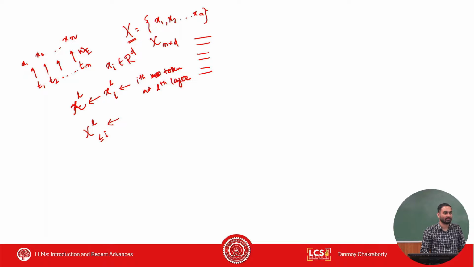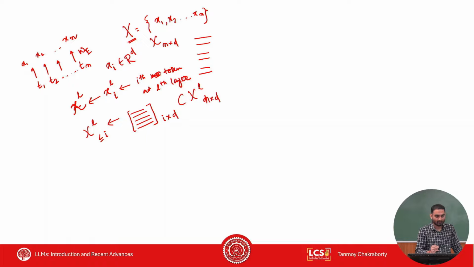This is essentially a matrix which has all those representations of tokens which appear before i stacked one upon another, right? So what is the size of this matrix? i cross D. This is essentially a subset of XL, which is n cross D. Okay, now this notation is important because this will be used to calculate attention.